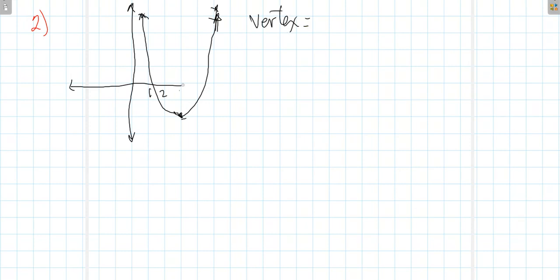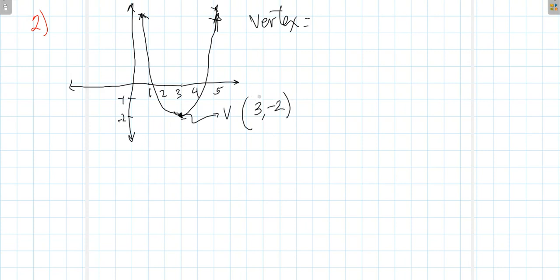The vertex is just the maximum point. This is the vertex. So the vertex is your x: 1, 2, 3. So x is 3, y is 1, 2, negative 1, negative 2.